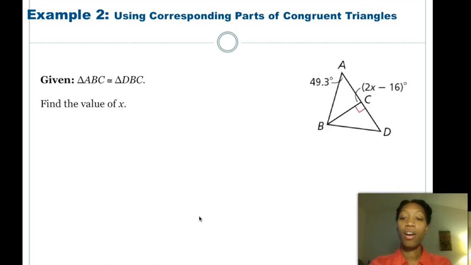So what we need to realize here is, first of all, after you've read the problem, look in the picture and figure out what they're asking you. So find triangle ABC. Okay, well that's that top half triangle, and DBC is the bottom half triangle.